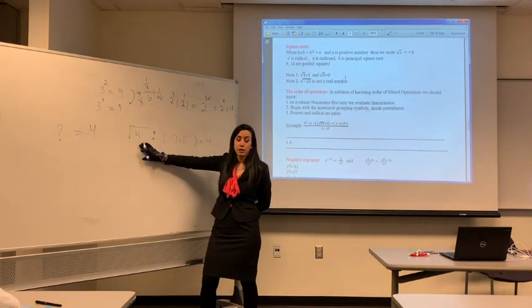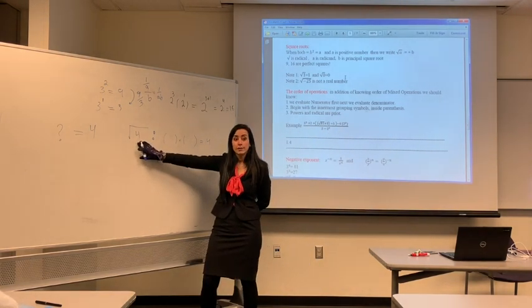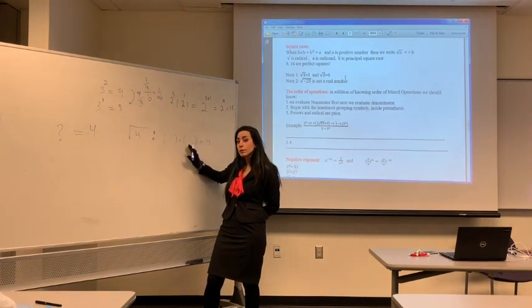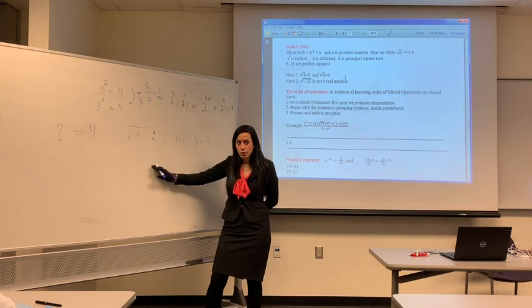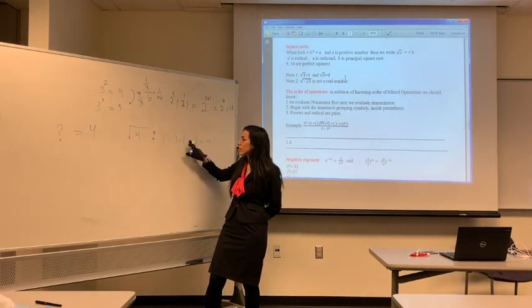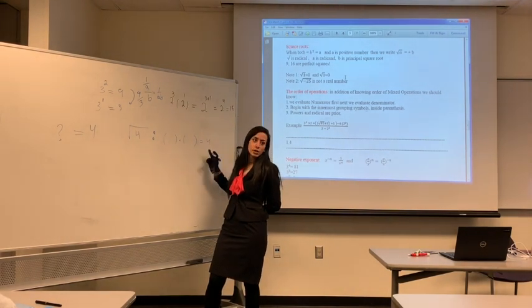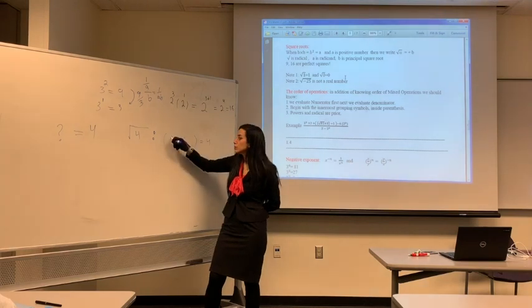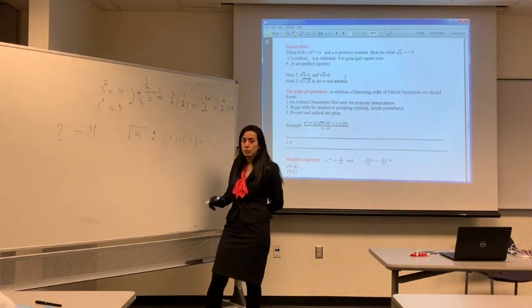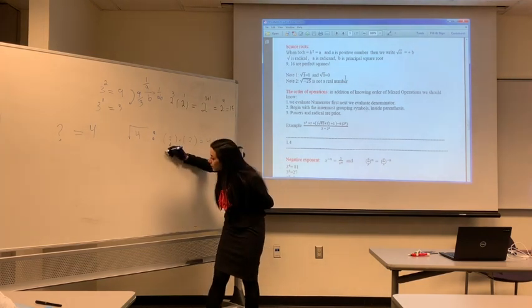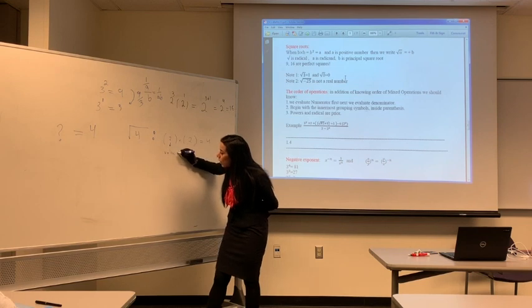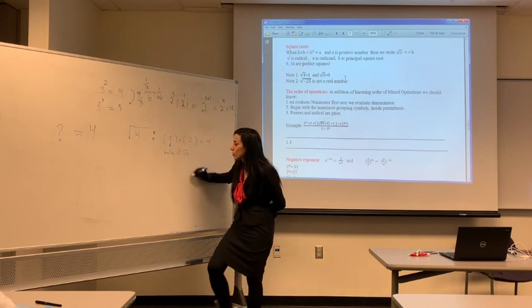Radical 4 says there was a number multiplied to itself that gave us 4. So it's kind of going backward. So what was the number multiplied to itself that gave you 4? 2. That was 2, correct? So 2 multiply 2. And this is the value of radical 4.